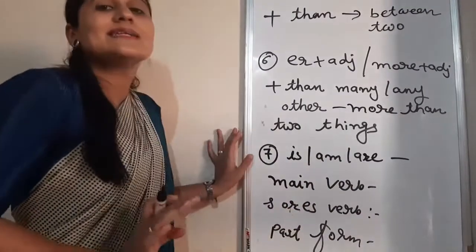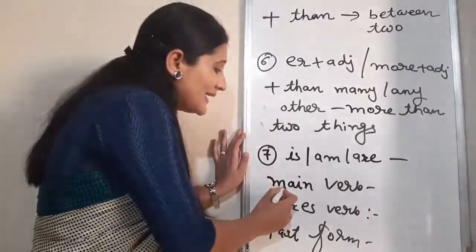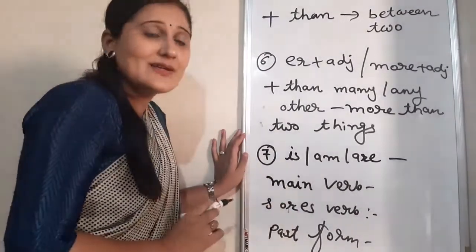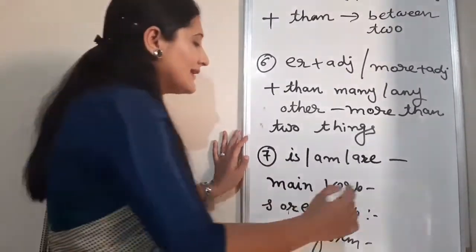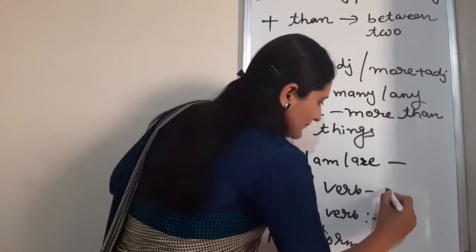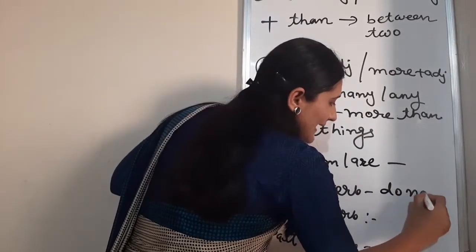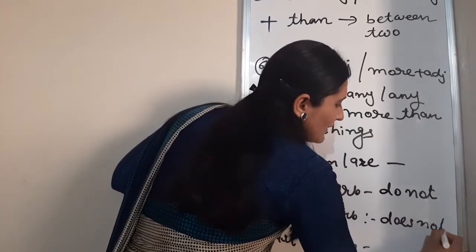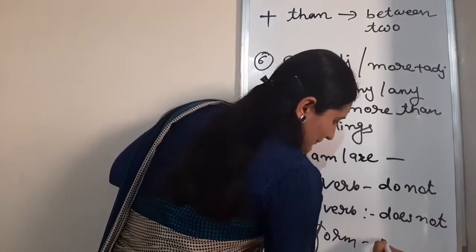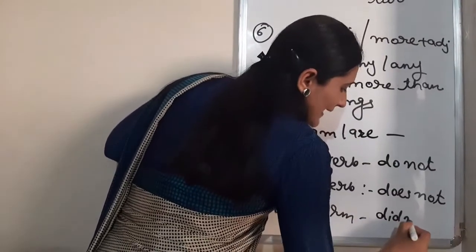But if auxiliaries are not given, and the main verb is given, s or es given, play, plays, played, past form ed given, then we need to write do not for negative. Here we need to write does not for negative, and here we need to write did not for negative.